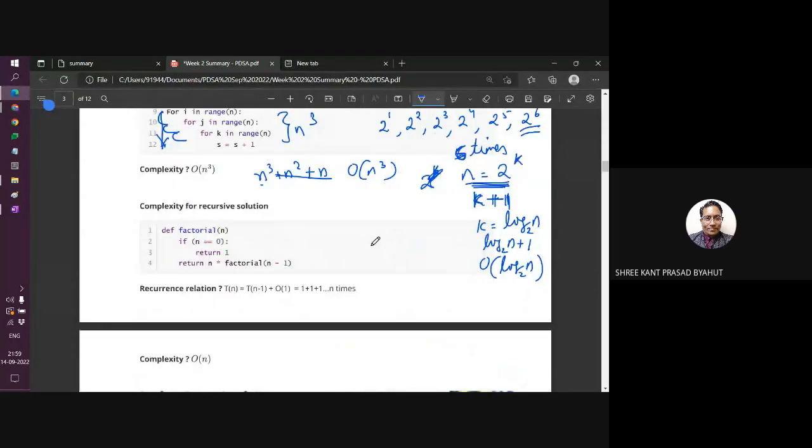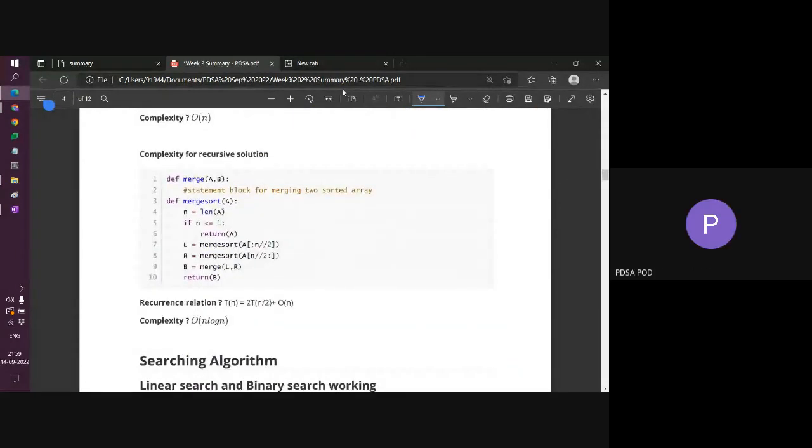So we have seen cases where it is O of log n, O of n, O of n squared, O of n cube. I just want to tell you these words which I used earlier. This is sublinear. Don't worry about this terminology.